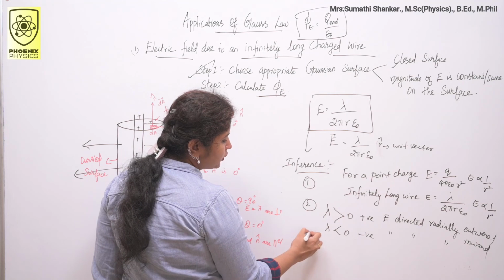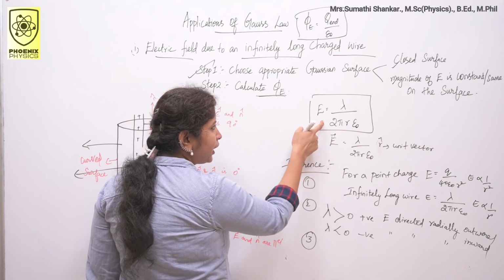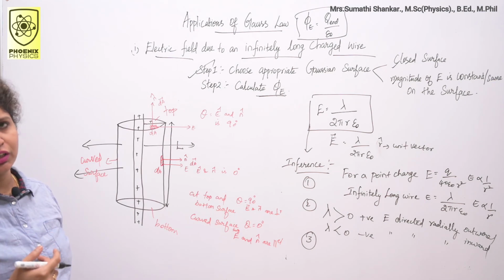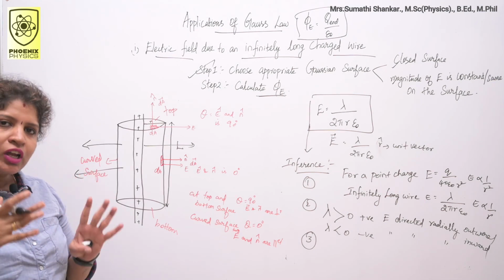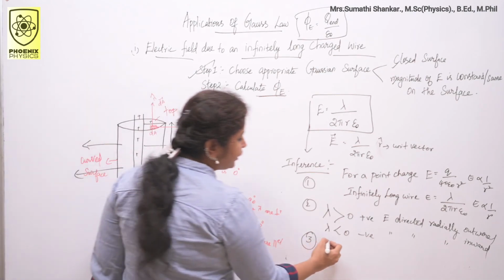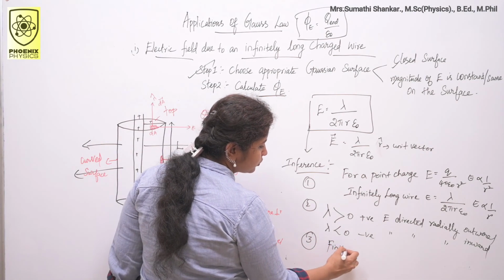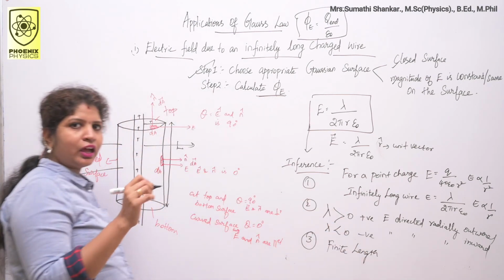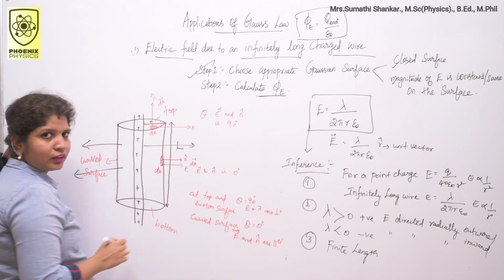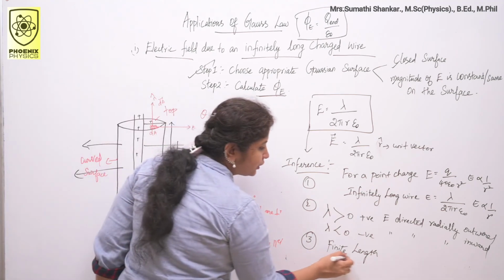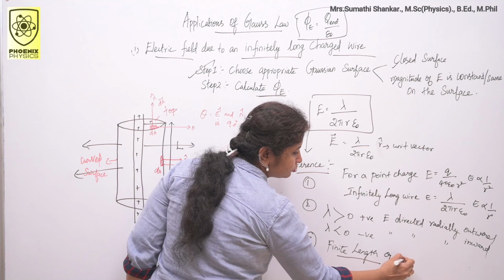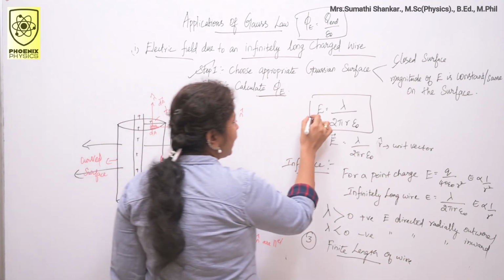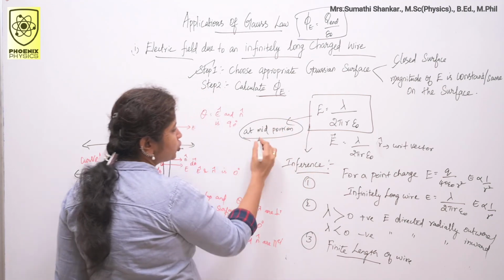Then third point: we have calculated the E value for an infinitely long charged wire. Suppose the charged wire has finite length, then E does not have the same value in the horizontal direction. But this formula is applicable at the mid portion of the wire.